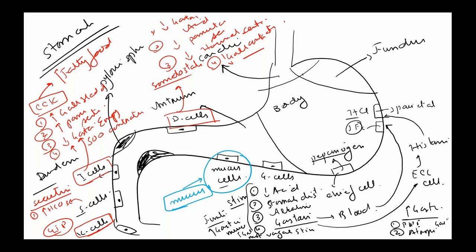What is the function of K cell? It decreases acid secretion, gastric acid secretion. And then sometimes it also stimulates insulin release. How it is produced? By fatty acid in that area.